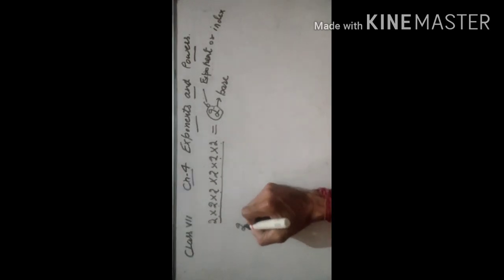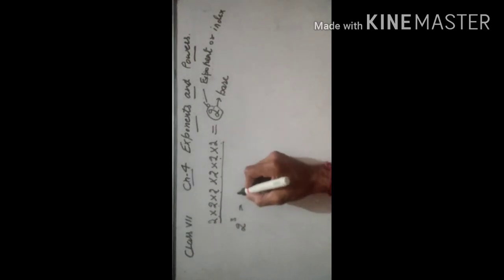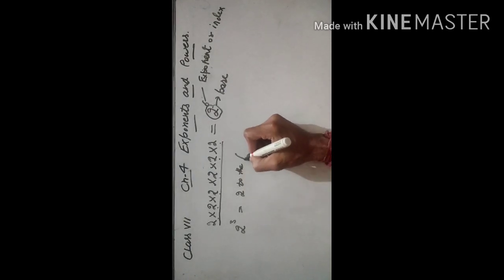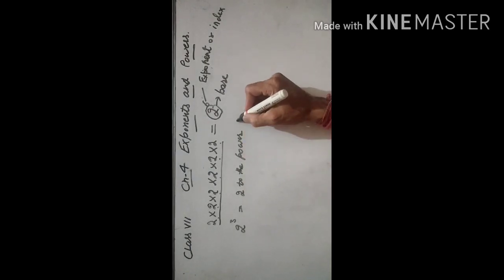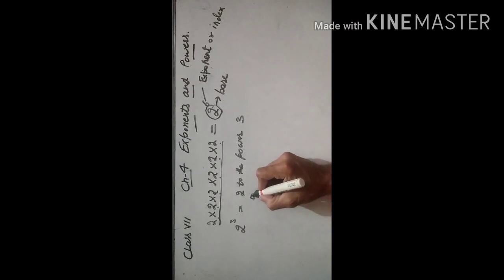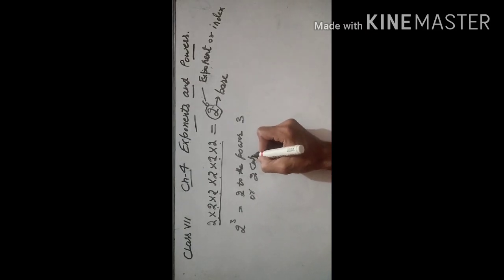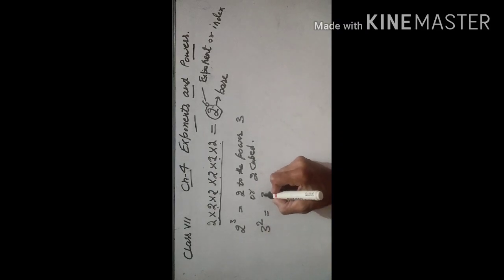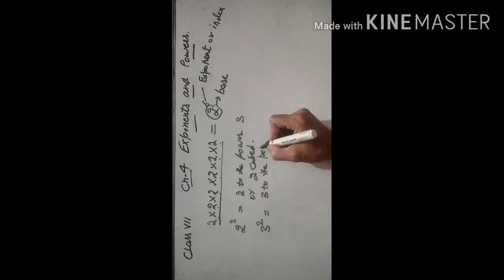Now if I write 2 to the power 3, then I read it as 2 to the power 3, or 2 cubed. If I write 3 to the power 2, then 3 to the power 2, or 3 squared.